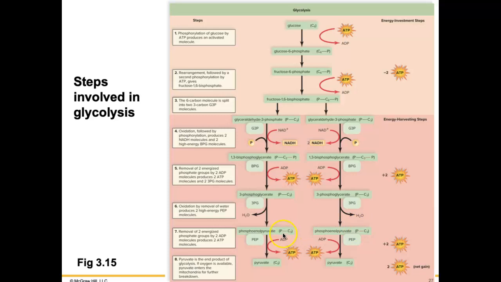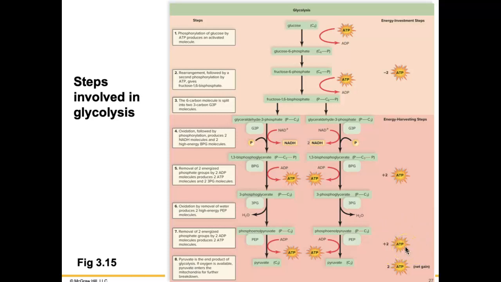At that point, we still have that phosphate attached, which you can break off and utilize that phosphate to add to ADP, and that is going to result in 2 more ATP molecules. So at this point, we invested 2 ATP molecules, and we were able to produce a total of 4 ATP molecules.